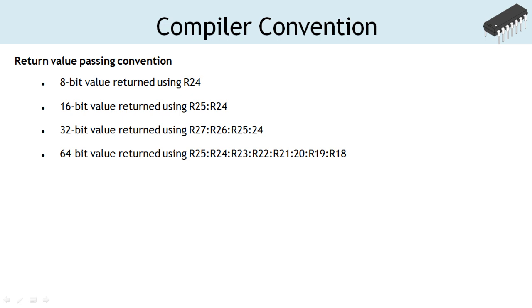A data type of character is passed back using register R24, integer using R25 and R24, long using R27 through R24, and long long, which is a 64-bit value, is passed back using registers R25 through R18.